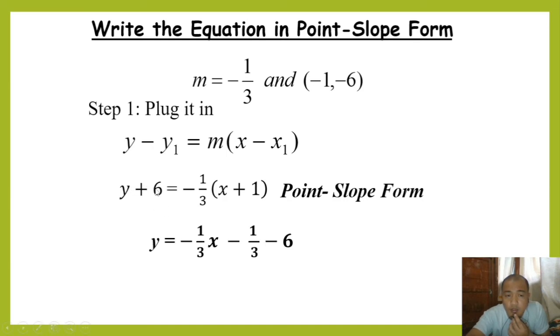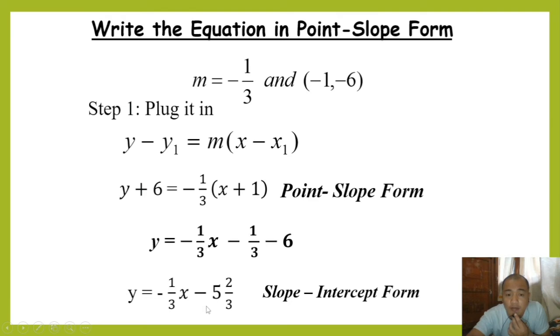Then if we transpose 6, we have y = -1/3 x - 1/3 - 6, which is y = -1/3 x - 5 2/3. Where do you get this? -1/3 minus 6 is -5 2/3. So in this case, we transform the equation into slope-intercept form, y = mx + b, wherein the slope is -1/3 and the y-intercept is -5 2/3.